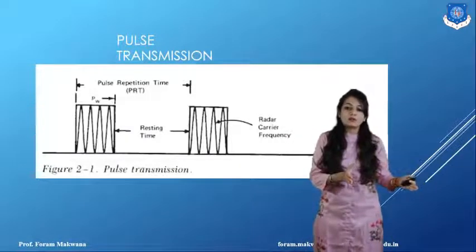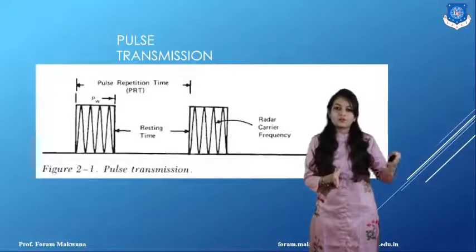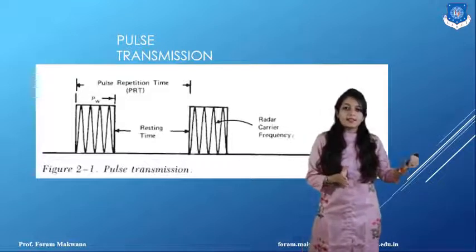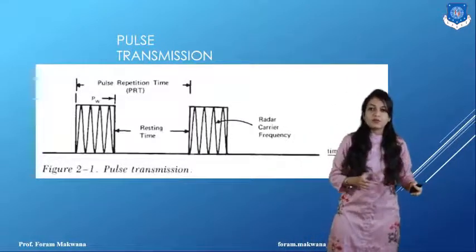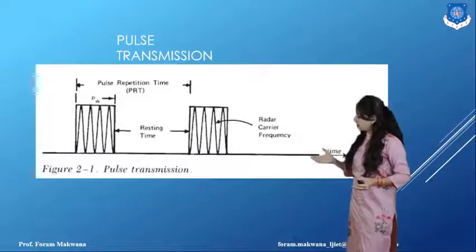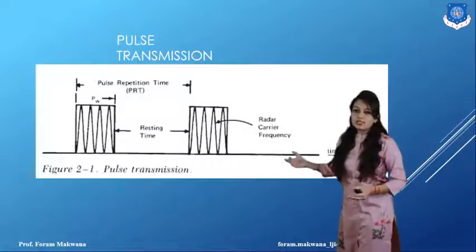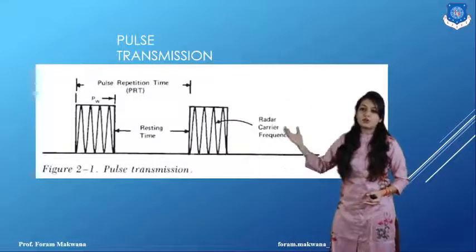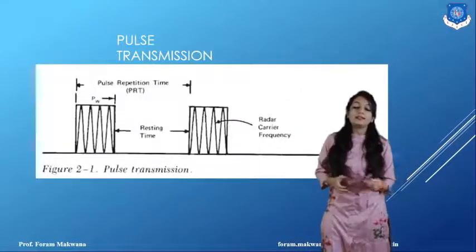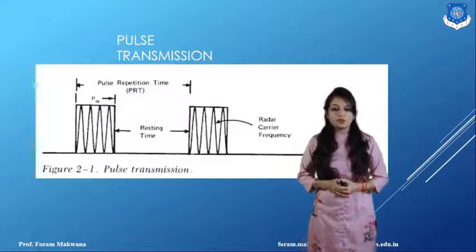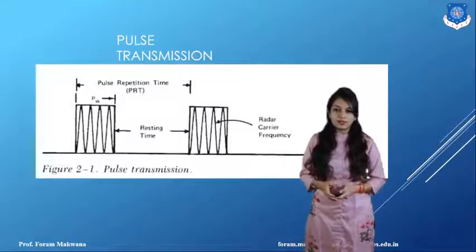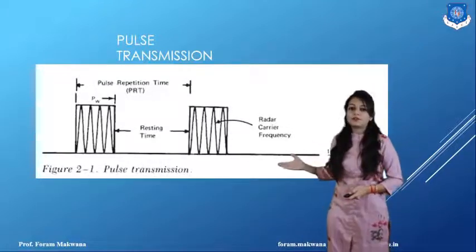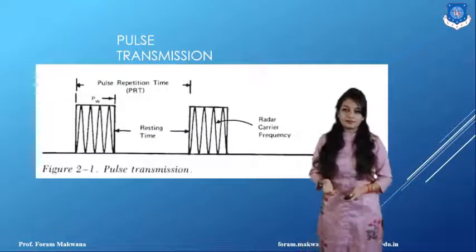The resting time includes the reception of the echo signal, which is reflected from the target. Then we transmit a second pulse. The interval from the transmission of the first pulse to the next pulse is called the pulse repetition time, and the inverse of the pulse repetition time is called the pulse repetition frequency. So this diagram shows how we transmit the pulse from the radar antenna.